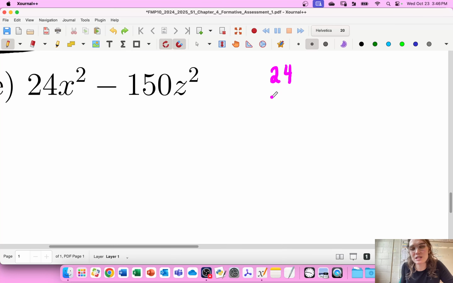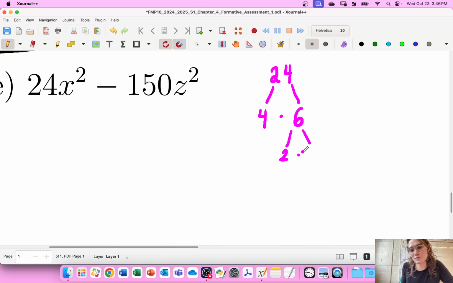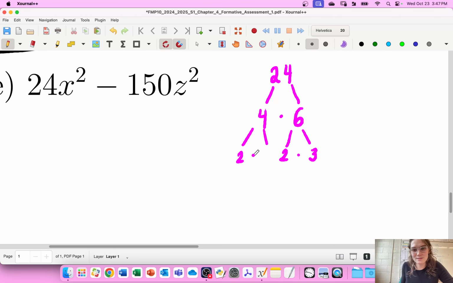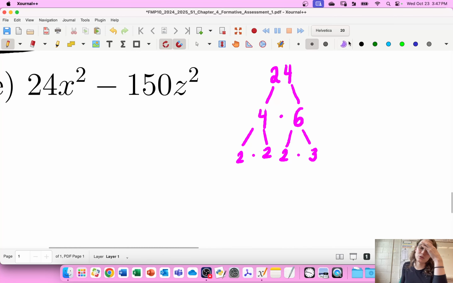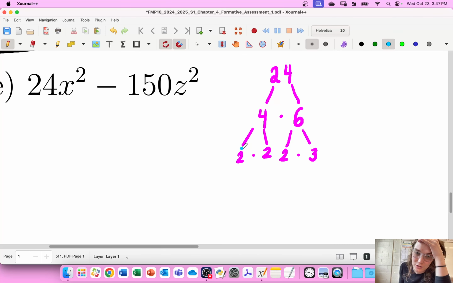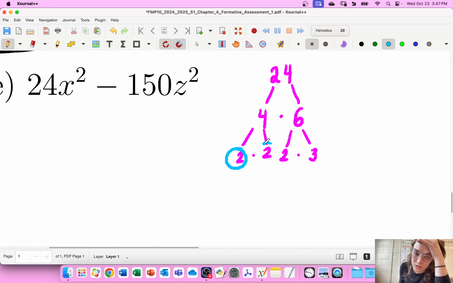It'll save me time if I don't always do the arrows. 4 times 6. So basically the prime factorization there is 2 times 2 times 2 times 3.